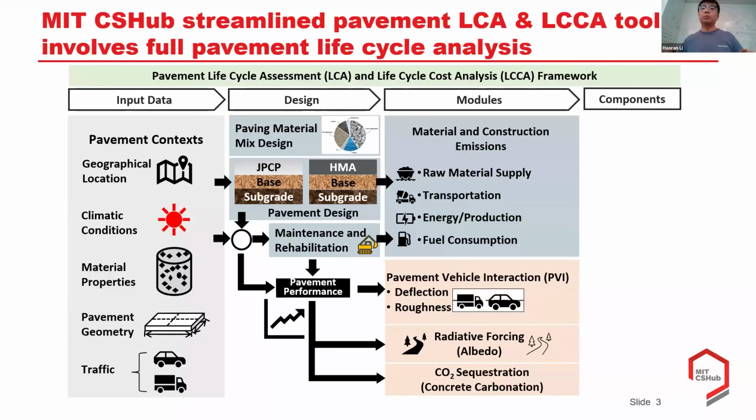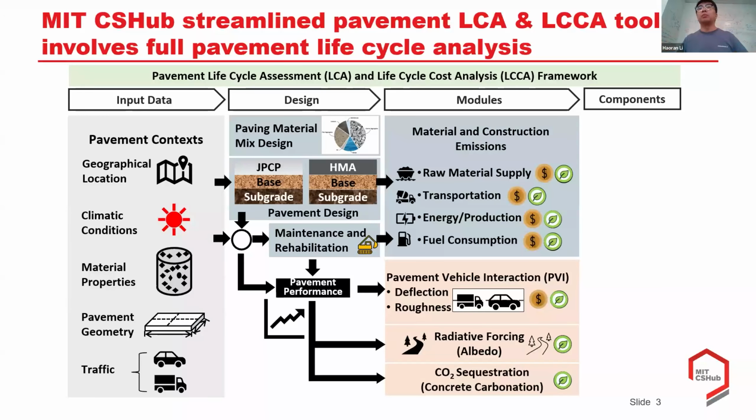Another module is the reflective radiative forcing, also called albedo, which is related to the reflective properties of the surface of the pavement. Another point is concrete carbonation, or CO2 sequestration. All those components are involved in the life cycle analysis. The bottom and the top will be involved in the life cycle cost analysis.